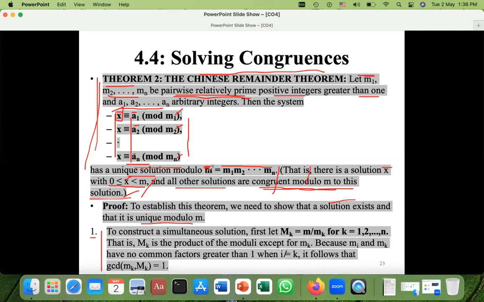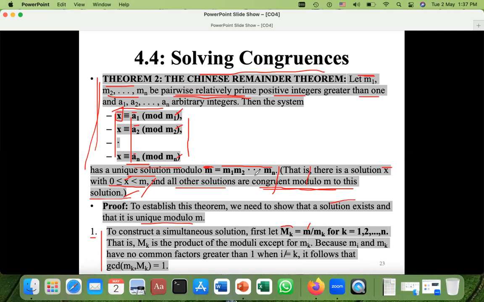What you have to do is, after multiplying all moduli, keep the result in M, and then you have to divide that M with each moduli. First, you divide that M with m1, and then you will get a value for capital M1.